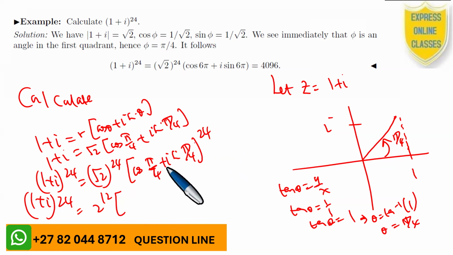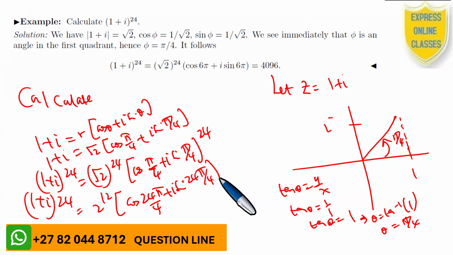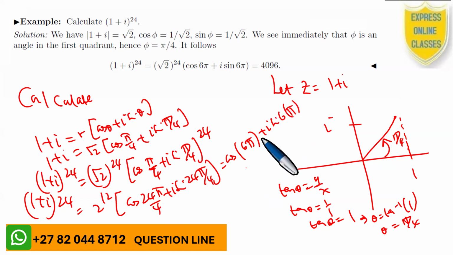This 24, by De Moivre's theorem, is going to multiply the angle, giving us cosine of 24 pi over 4 plus I sine of 24 pi over 4. 24 divided by 4 is 6 pi. So what is 6 pi?